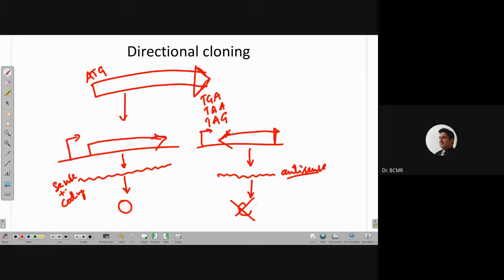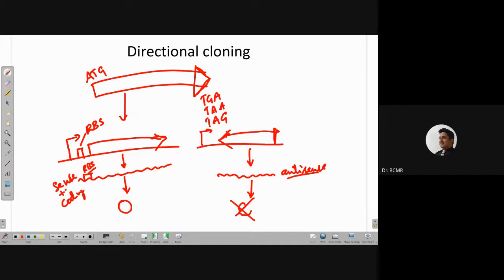First of all, we should also remember that there should be an SD sequence, or ribosome binding site. When the mRNA is produced, the mRNA should have the ribosome binding site, which is called a Shine-Dalgarno sequence in prokaryotes or Kozak sequence in eukaryotes.